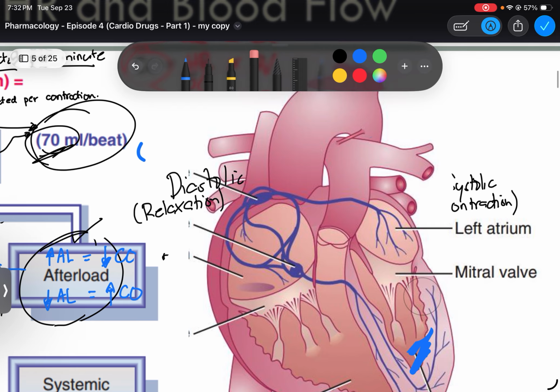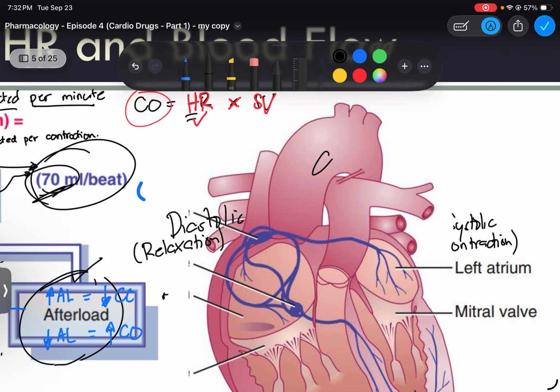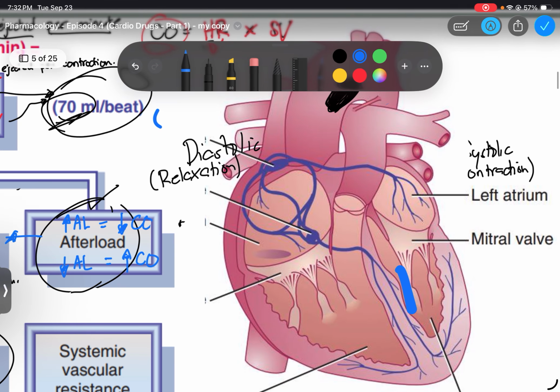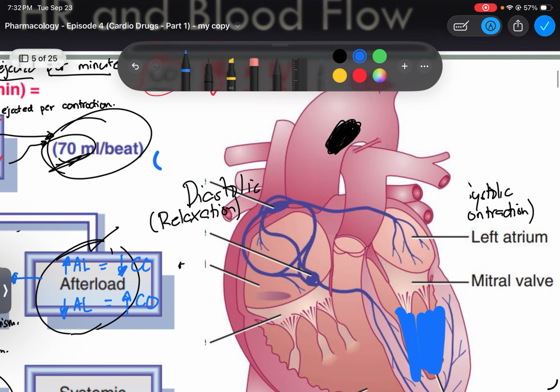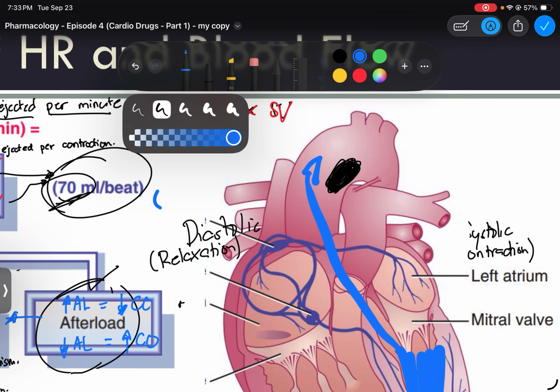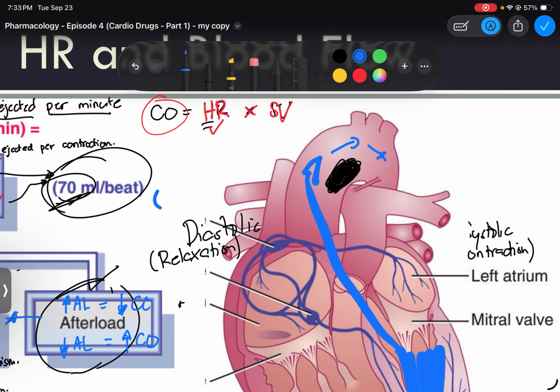Now, let's say, for example, there is a tumor inside your aorta. During contraction, the blood will still be able to flow, but not all of it will flow, and it will have a hard time flowing because there is a tumor here.